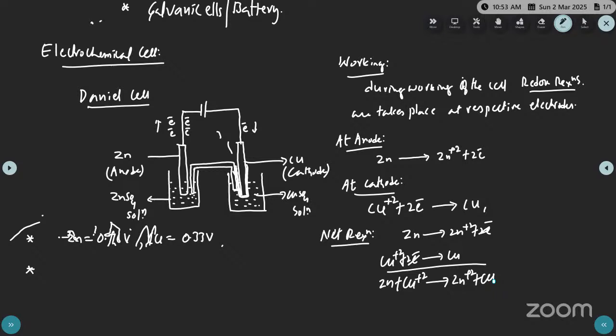This is the net reaction of the Daniell cell.